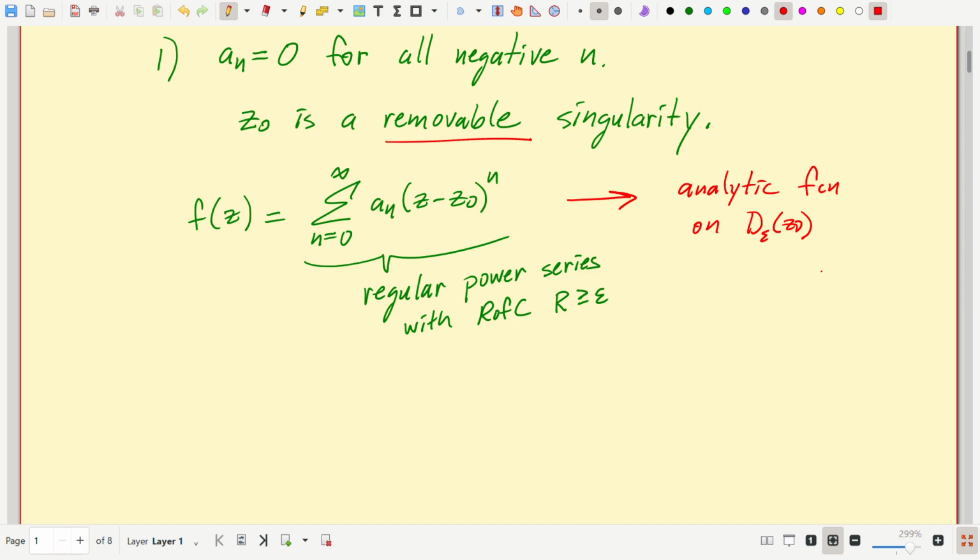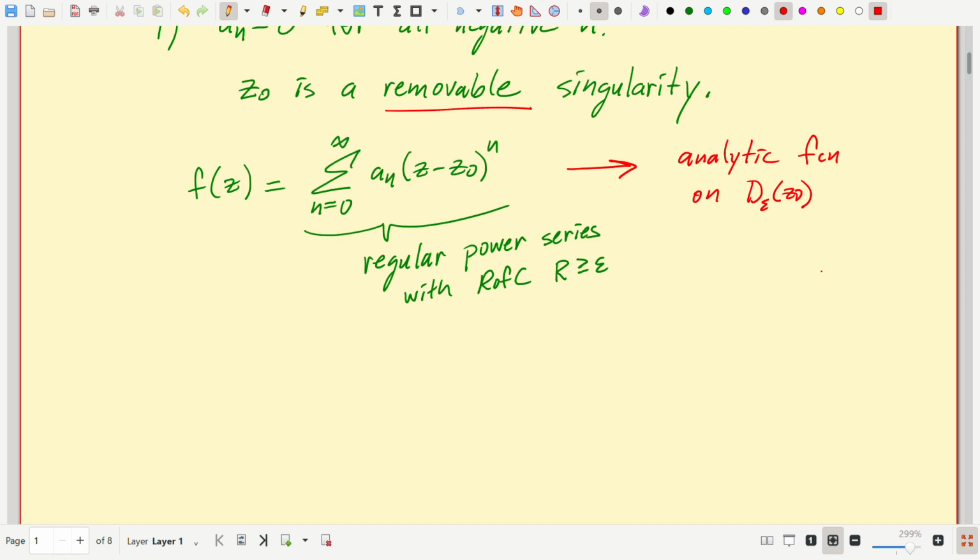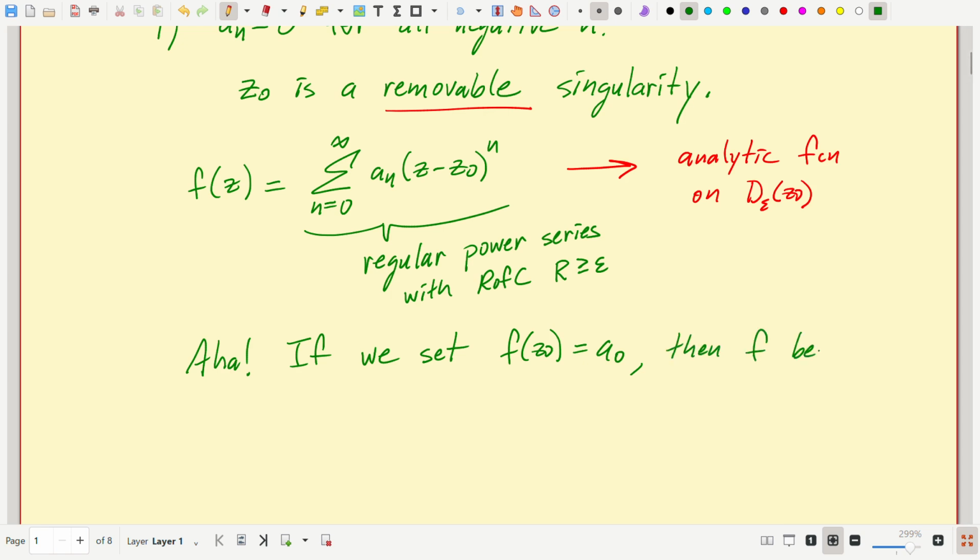And so we see that, what should we give the value of f at z naught? We should give it the constant term in that Taylor expansion. So if we set f of z naught equal to the a naught in that series, then f becomes analytic on that whole disk.